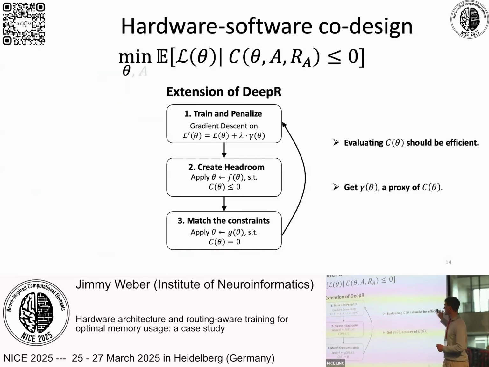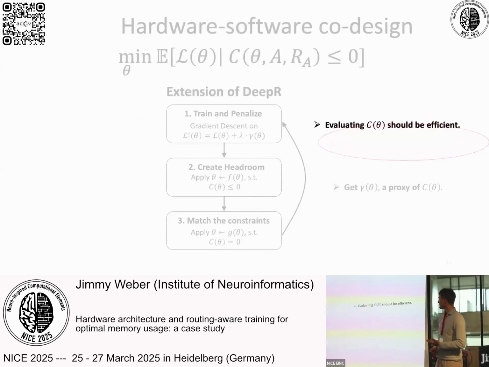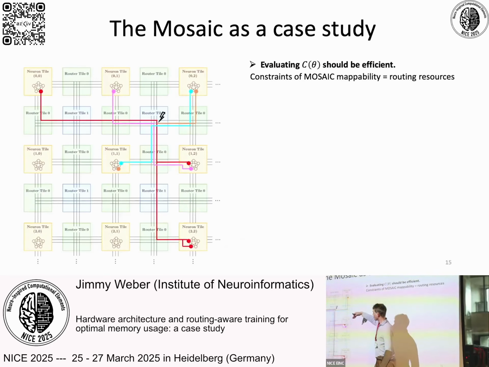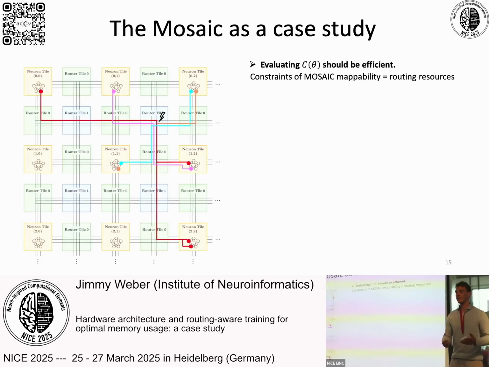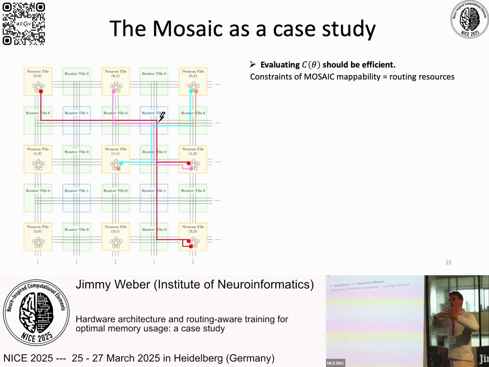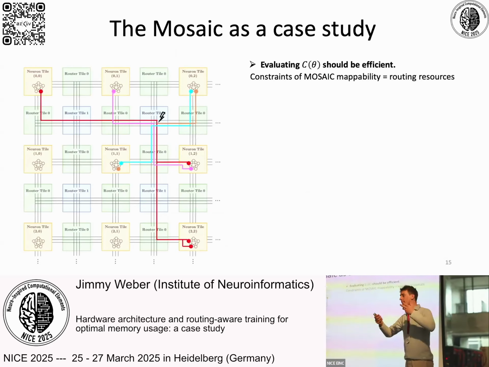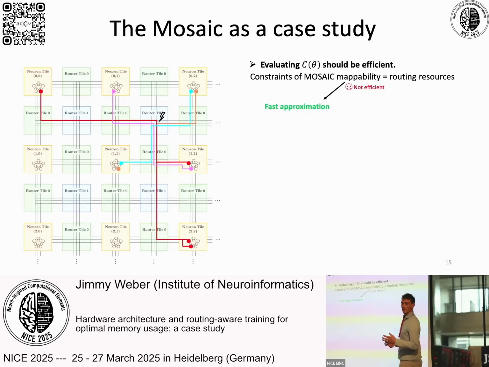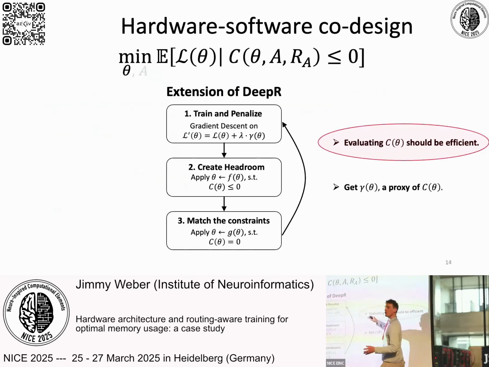If you remember the summary slides, we want to evaluate the constraint efficiently. But mapping a whole neural network onto this neuromorphic chip is quite computation intensive. So again, instead of solving a mapping for each neural network, we want a fast approximation of this mappability. That's very specific to our chip. If you want to do that for your own chip, you don't have to do what I'm going to describe.